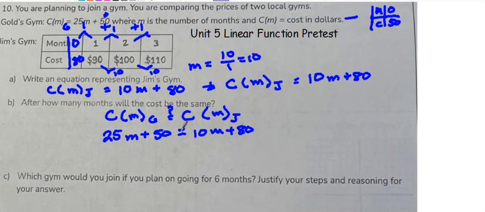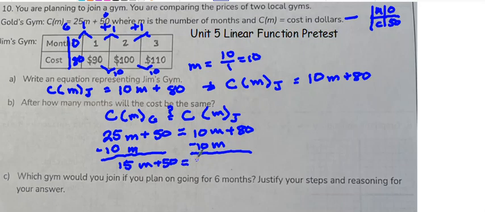Let's get the variables on the left side of the equation. So let's subtract 10m from both sides of the equation. Now I have 15m plus 50 equals 80.